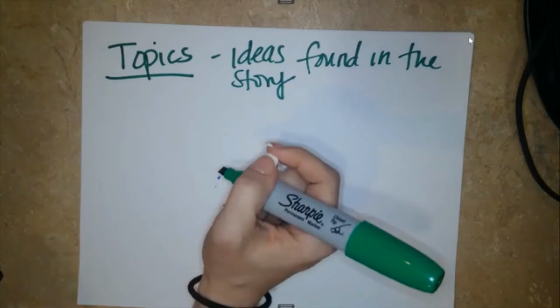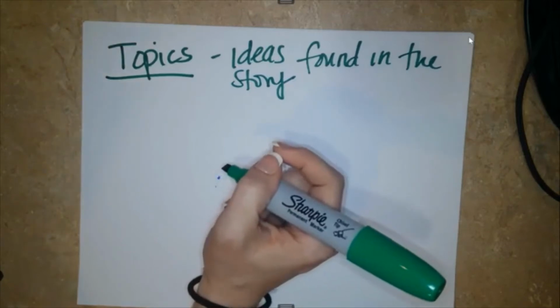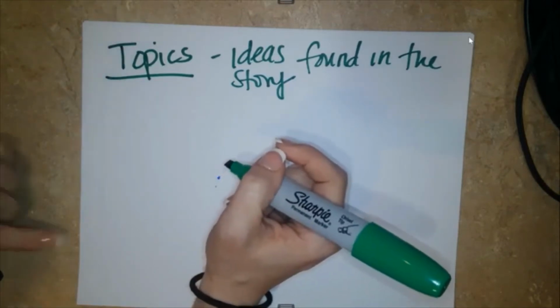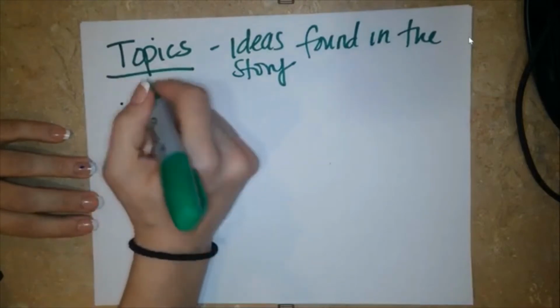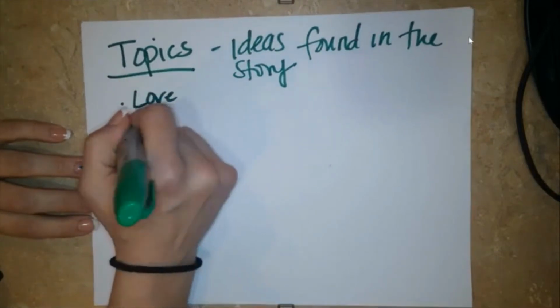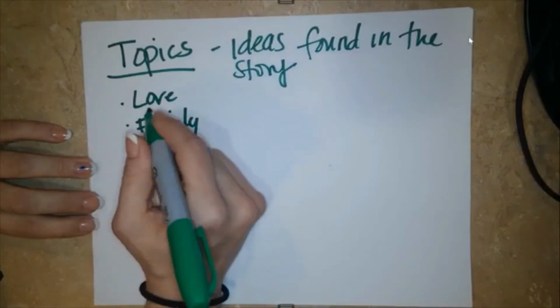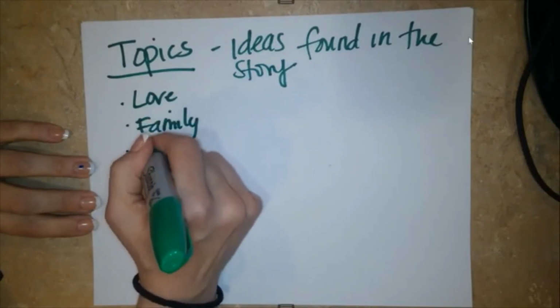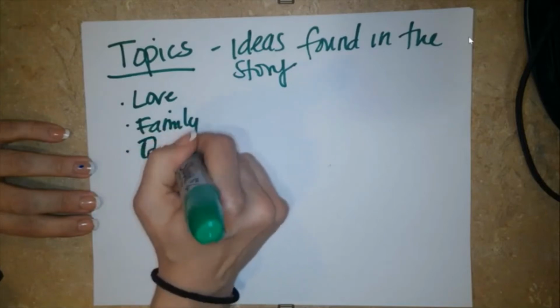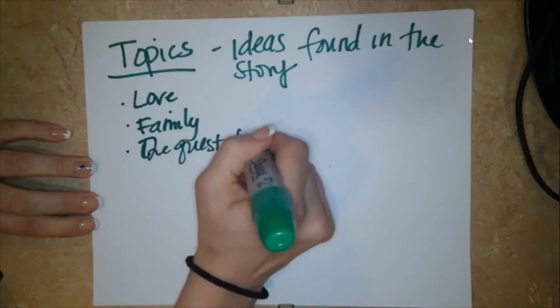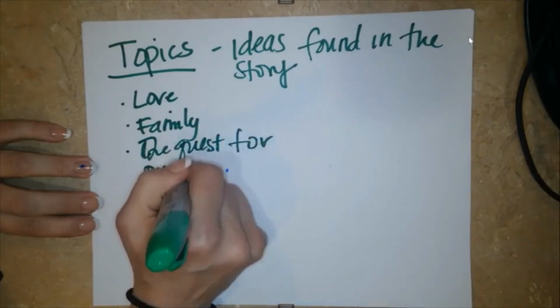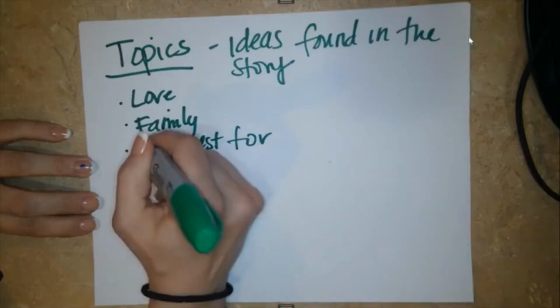I've seen lots of people online or other places who should know what they're talking about, and they'll give a list of themes, and they'll say that a theme is something like love, or maybe family, or even something that sounds really meaningful, like the quest for purpose. That sounds meaningful, right?